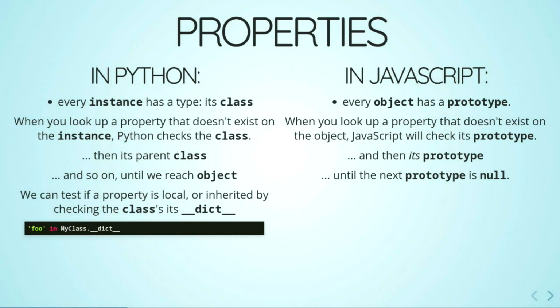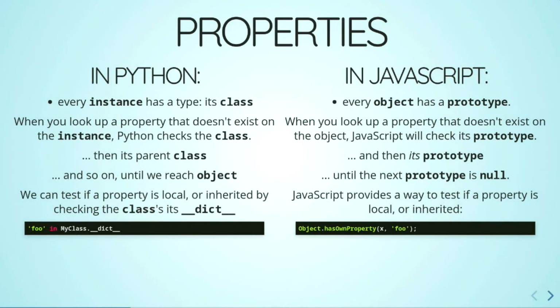So it's very similar in a way to Python's climbing up the tree, except it's directly on your object rather than the type of your object. Additionally, in similarity, we can ask the object class itself, they provide us a static method to say, hey, does this object actually have its own instance, its own attribute, or is it inheriting it from its prototype tree?